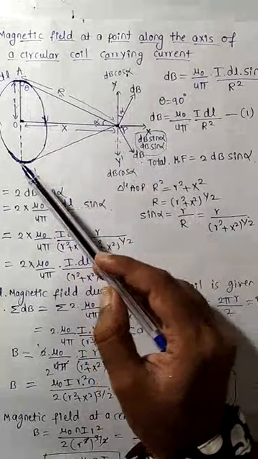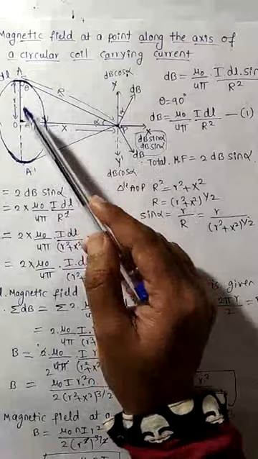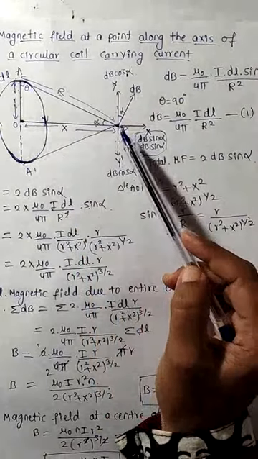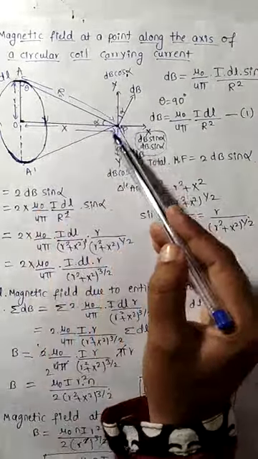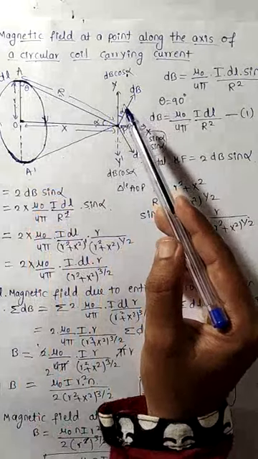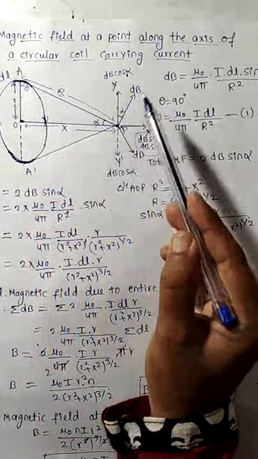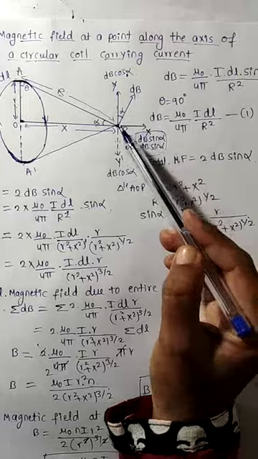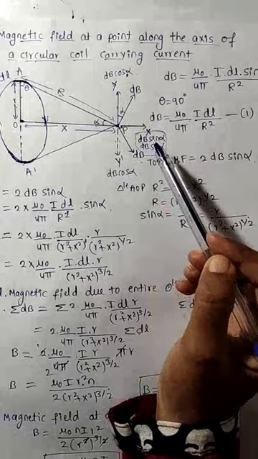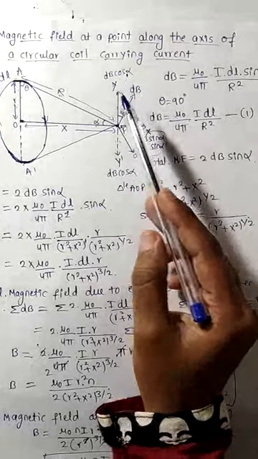But if you go for A dash, due to both these current elements, if you want to find, so only due to A, the dB magnetic field you got, which is acting in this direction. So if you resolve into two components, dB sin alpha, dB cos alpha, you got.